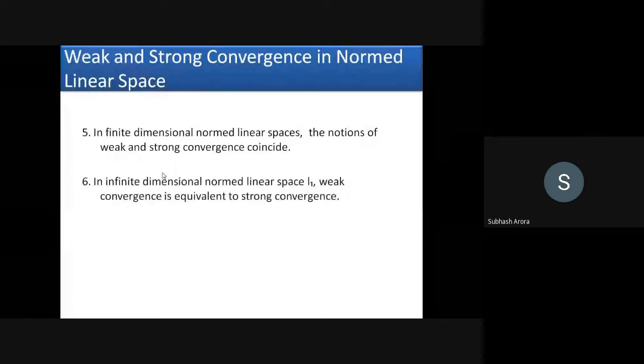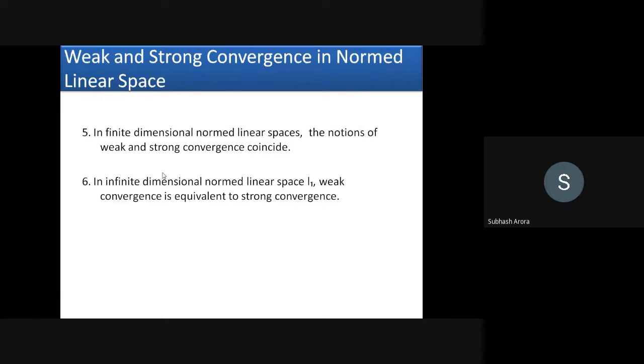This follows immediately by taking a basis e1, e2, up to ek of a finite dimensional non-linear space. Each xn can be written as a linear combination: alpha n1 e1 plus alpha n2 e2 plus up to alpha nk ek.